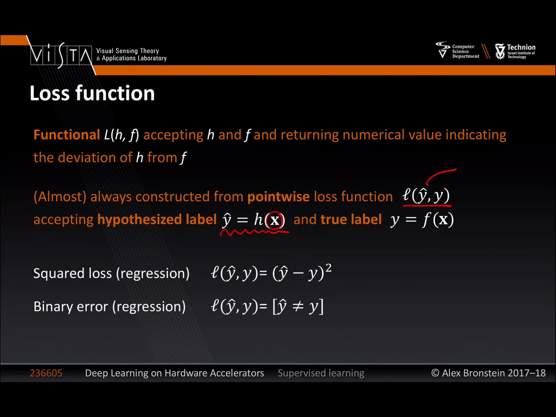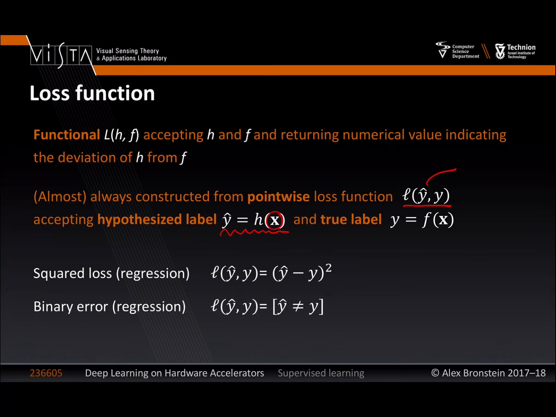I give you an instance x, and you produce a label. Okay, this can be a label. It can be a label distribution. Basically, it works in both settings. Okay, so if you produced a label for an instance x, which I call y hat, now I can compare it to some true label y. Okay, and give you a number. This is called a pointwise loss because I'm evaluating at a single point, at a single argument of h, and not for h as a function.